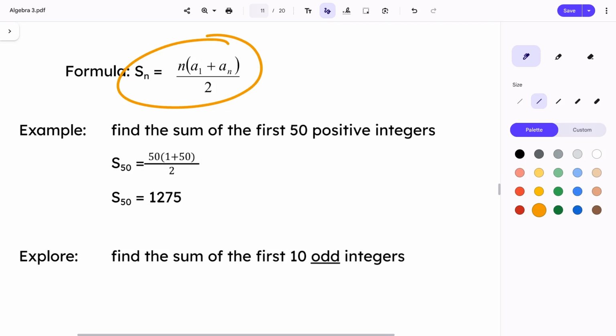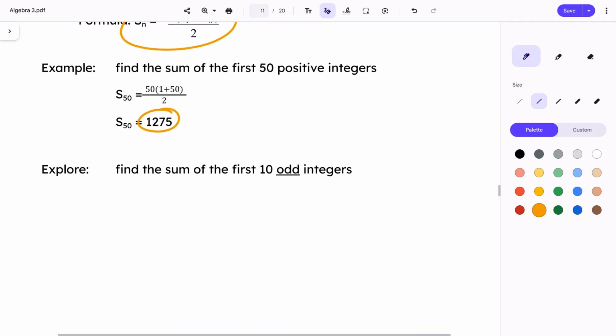In this case, if I want the first 50 positive integers, my n would be 50. I take the first term in my sequence, which would be a 1, and my last term, which would be a 50. We add them together, and then you end up dividing by 2. So 50 times 51, and then divide by 2 gives us a sum of 1,275. So it's a lot faster when you're adding those together.